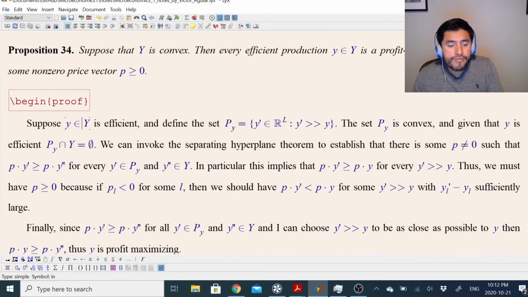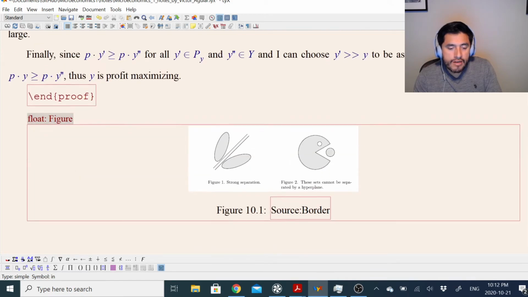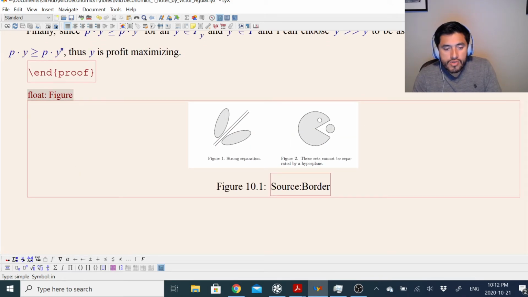So the proof is actually very cool and uses a mathematical technique called the separating hyperplane theorem, and uses convexity heavily, okay? Before going there, I'm going to show you graphically what we're going to do. You can see in my diagram what I mean by the separating hyperplane theorem.